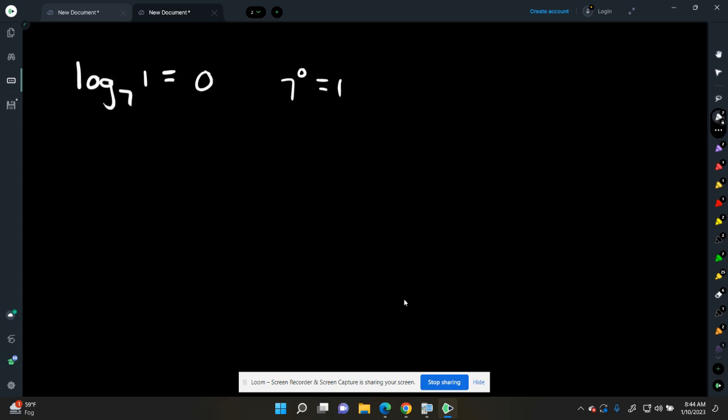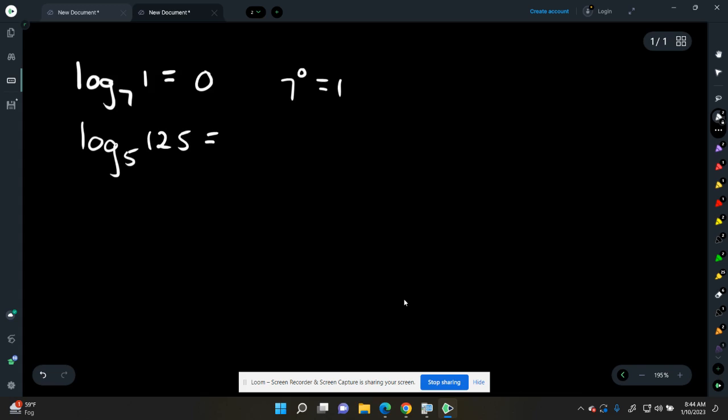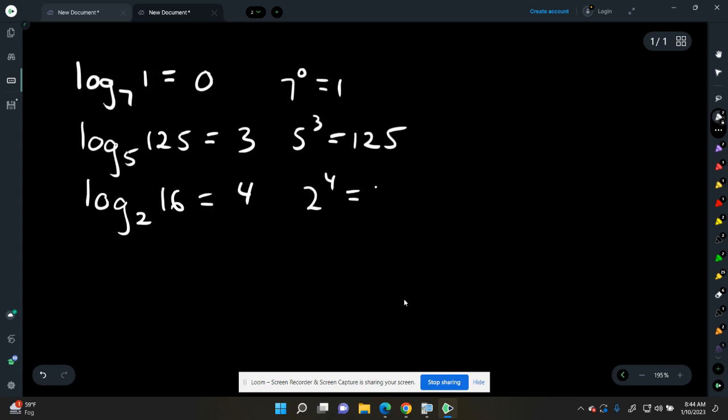Okay? So number 1, we just did that. Log base 7 of 1 equals 0, because 7 to the 0 equals 1. Number 2, I think this was one of our examples. Log base 5 of 125. What does that equal? 3, because 5 to the 3rd equals 125. Number 3, log base 2 of 16 equals 4, because 2 to the 4th equals 16.